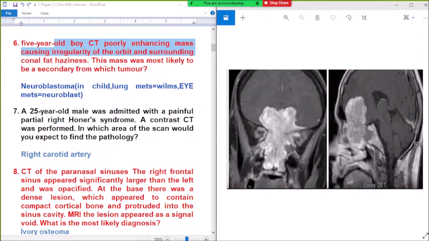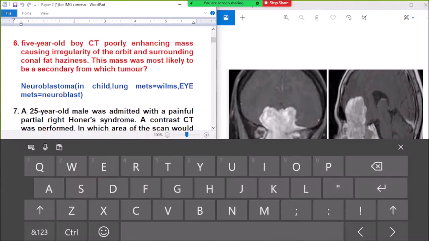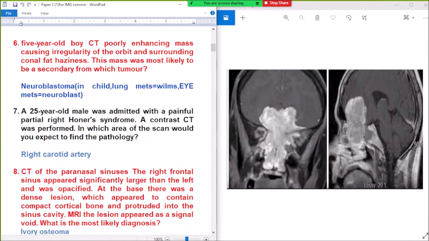This is most likely secondary from neuroblastoma. In a child, when the MCQ asks about metastasis to the lung, the most common is Wilms tumor, and for metastasis to the eye or orbit, the most common is neuroblastoma.